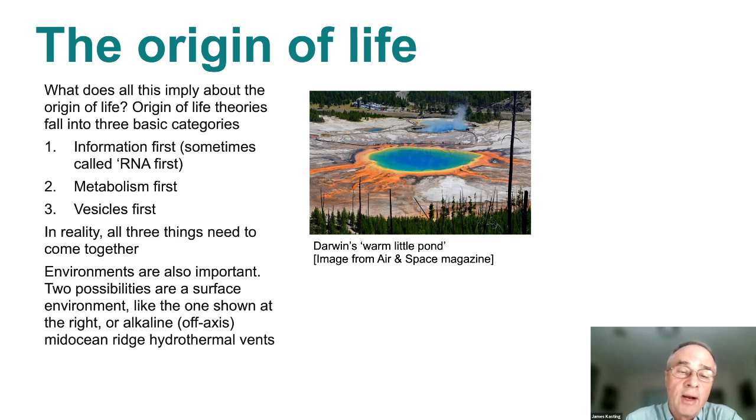Then there's another idea that's become popular in some circles in recent decades, and that's metabolism first. You need a source of free energy, not just for the origin of life, but to drive metabolism once life gets going. And then a third set of theories might be called vesicles first. You need some membranes or something to separate out organisms from their environment so that they can evolve.